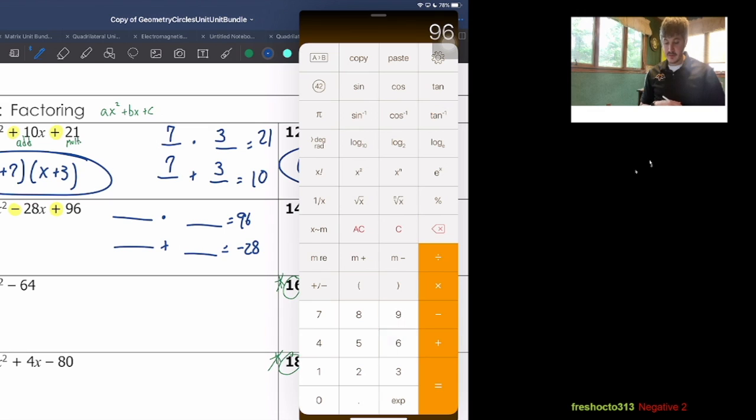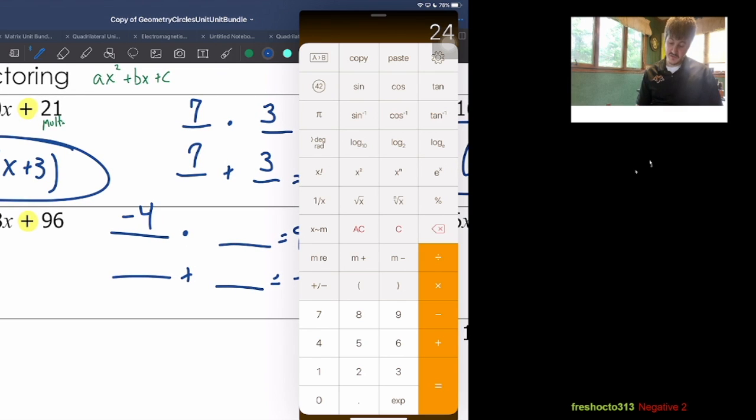So I like to think about what divides into 96 easily. I divided it by 4 because I know it was going to divide by 4, and I got 24, which is actually really good because 24 plus 4 is 28. So on my first guess, I think I found the factors. And like I said, they both should be negative because the symbols told me that. So negative 4 and negative 24.